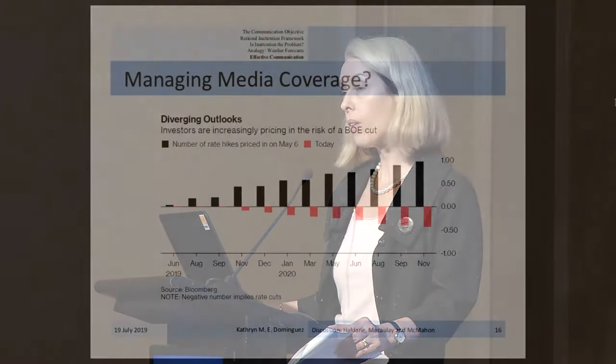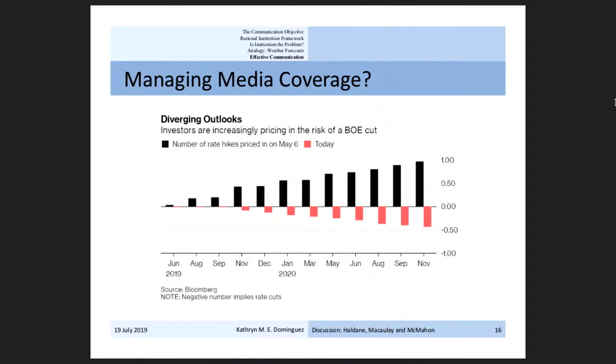And I'll say the last one, this is again from the Bank of England, looking at whether or not the market is anticipating an increase in interest rates. The dark blue is what was thought to be the likely path in May. The red is going in the opposite direction. So there were interest rate hikes predicted in May, and then interest rate reductions predicted in June.